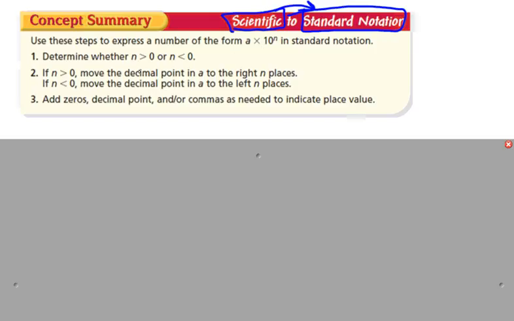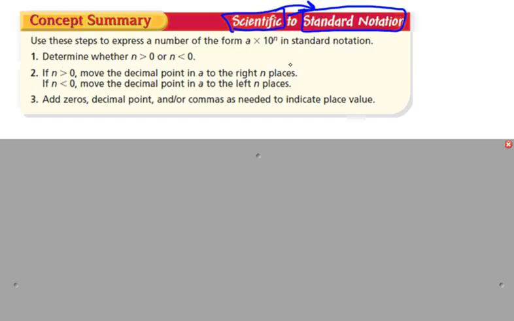Determine whether n is greater than 0 or n is less than 0. If n is greater than 0, meaning it's a positive number like 1, 2, 3, move the decimal to the right.